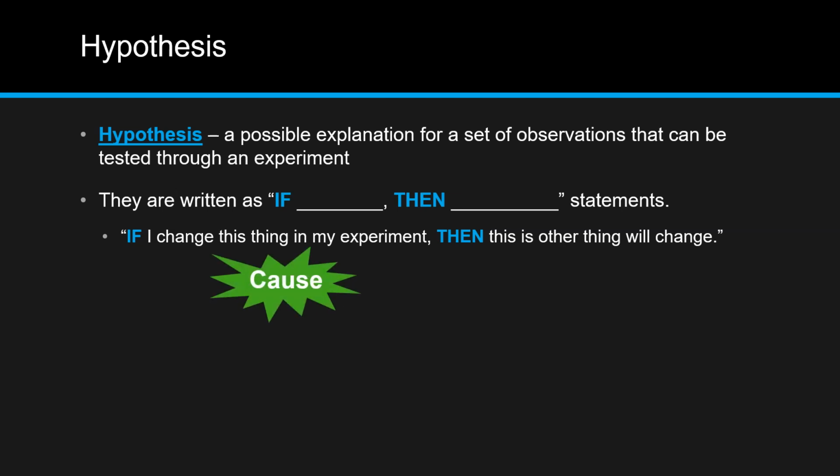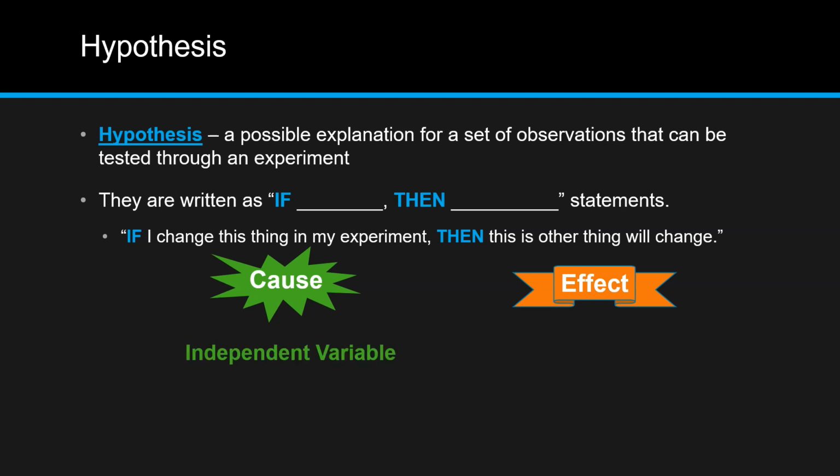When you change something as part of an experiment to see what will happen, that's the cause. The effect is whatever you see change because of what you did. Notice how similar those descriptions sound to the variables we've been describing? That's because they are. The cause and the independent variable are the same thing, and the effect and the dependent variable are the same thing.